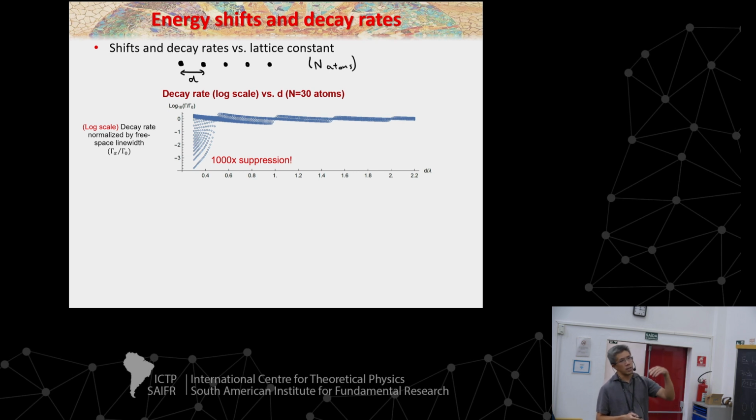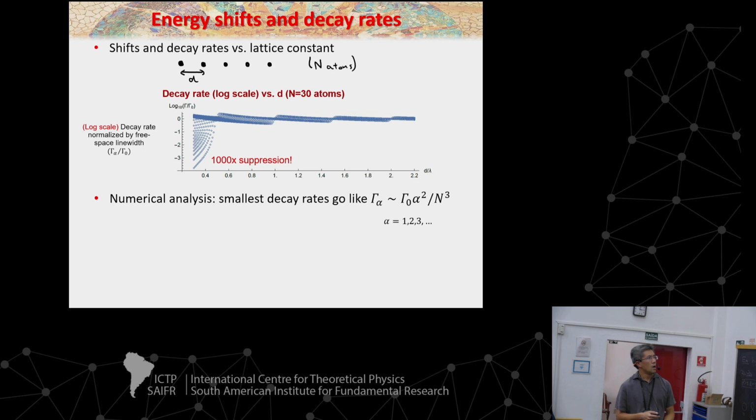Then you can look at the scaling numerically. Let me index the eigenstates in order of increasing decay rates. So alpha equals 1 is the state that lives the longest, alpha equals 2 is the second longest living state, and so on.